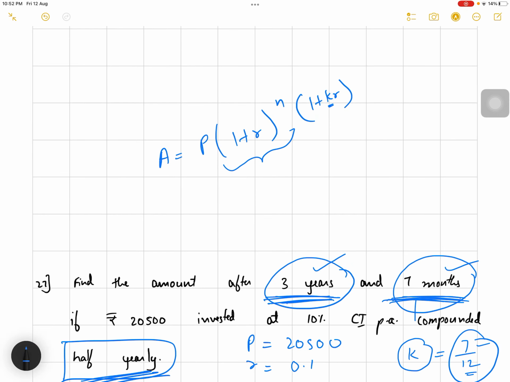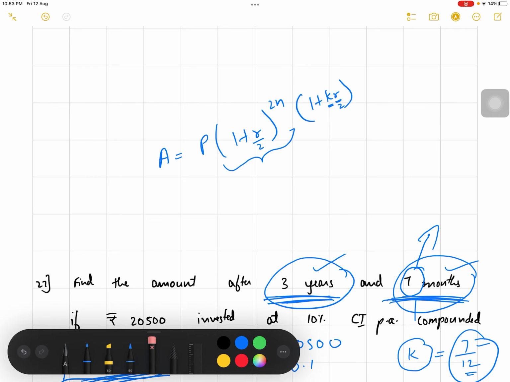Because here 7 months is more than 6 months, and interest is compounded half yearly, that means in a year it is compounded twice. So what you will do, R divided by 2, n multiplied by 2. Here also there is R, so R divided by 2.